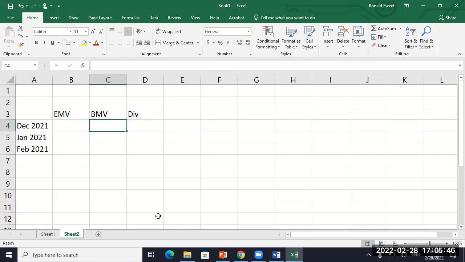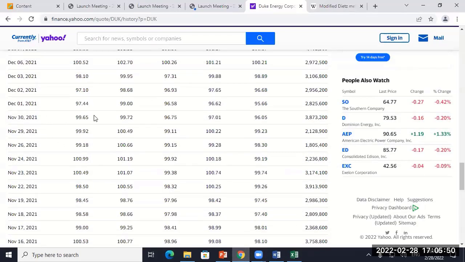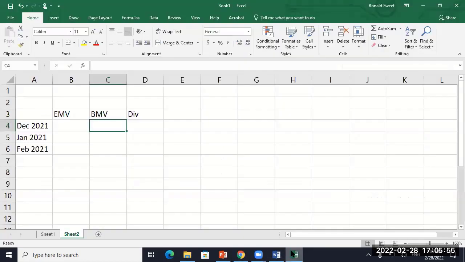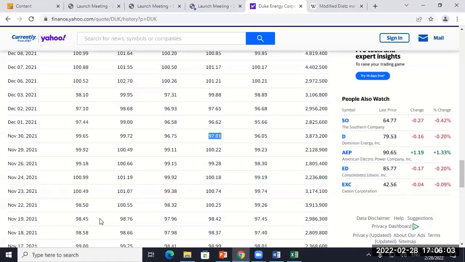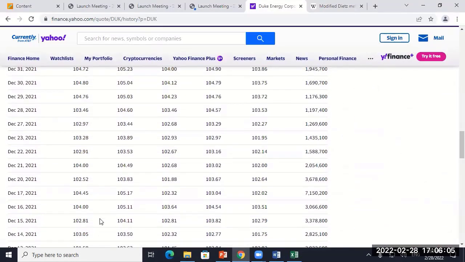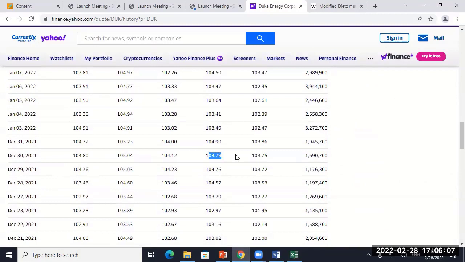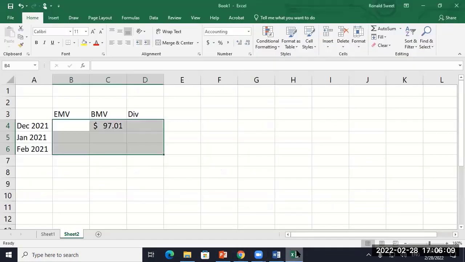All right, so what's the beginning market value for December 21? See it right there, 97.01. Ending market value for December, no dividends. So ending market value 104.79.